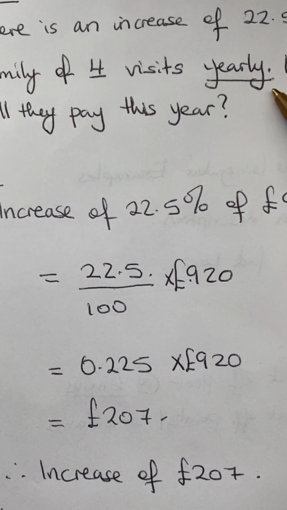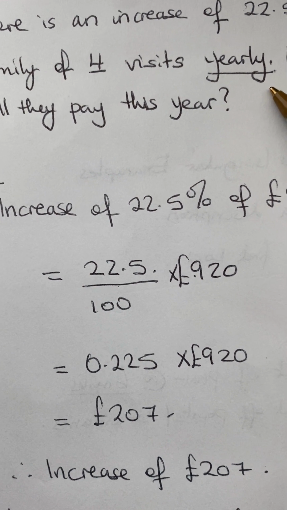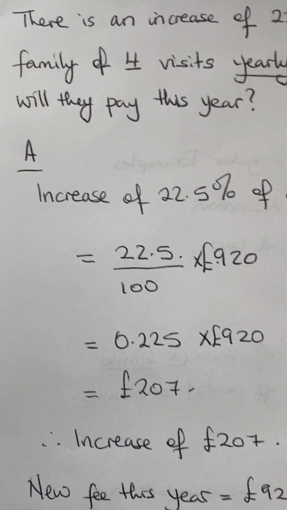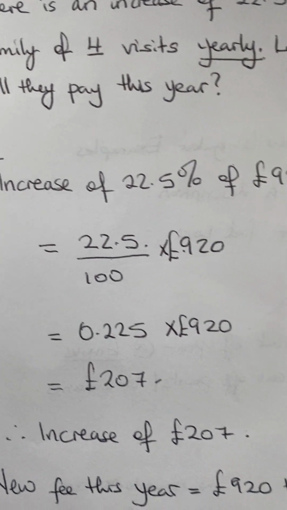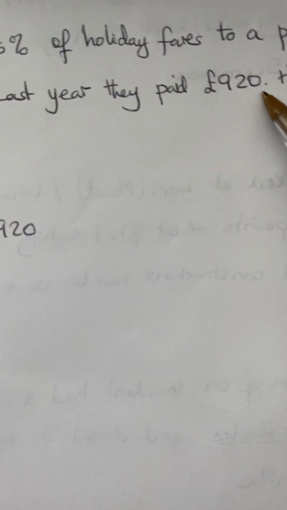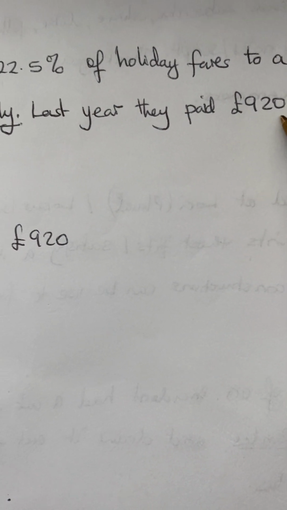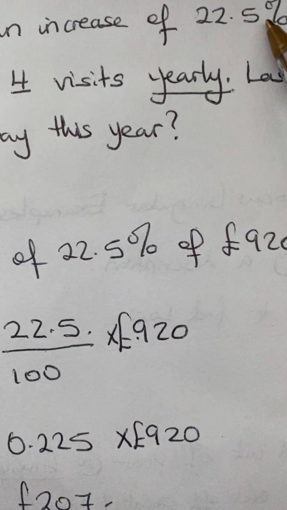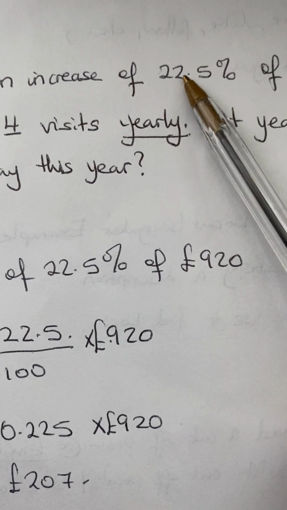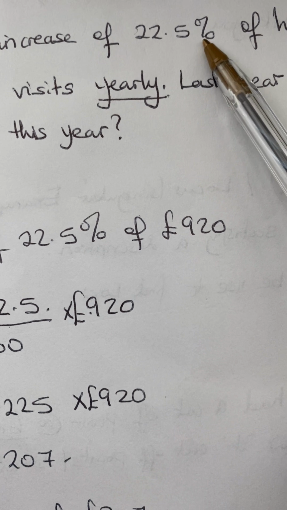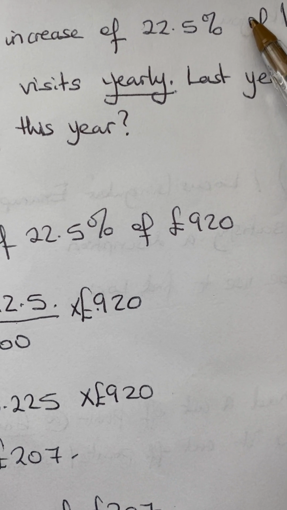So this family of 4 have always gone there yearly, since they were a family. Last year, they paid £920 to go there. How much would they pay this year?